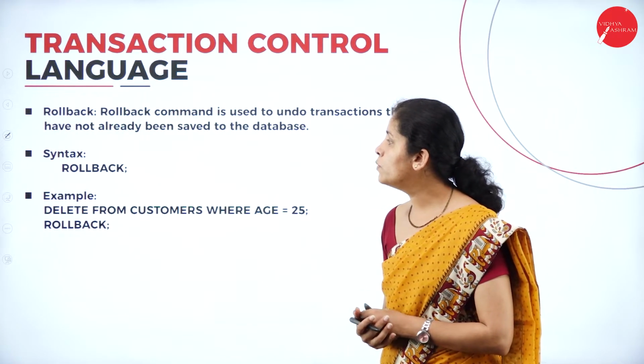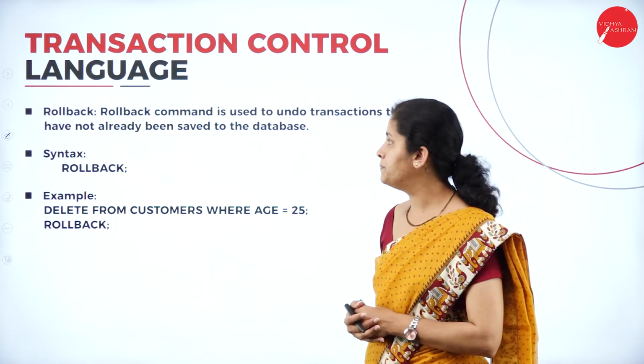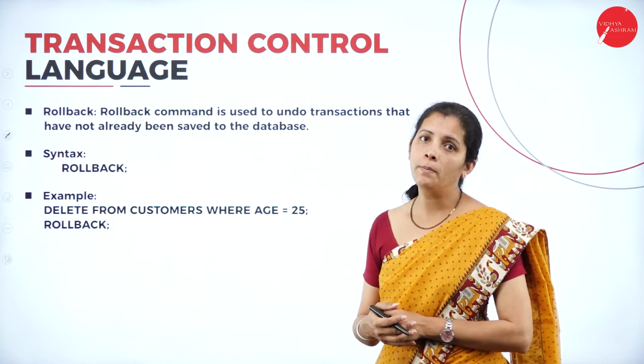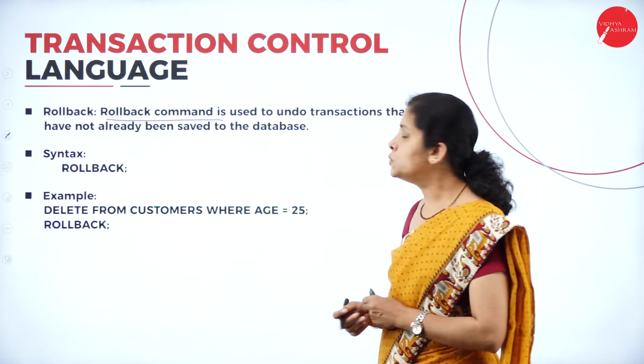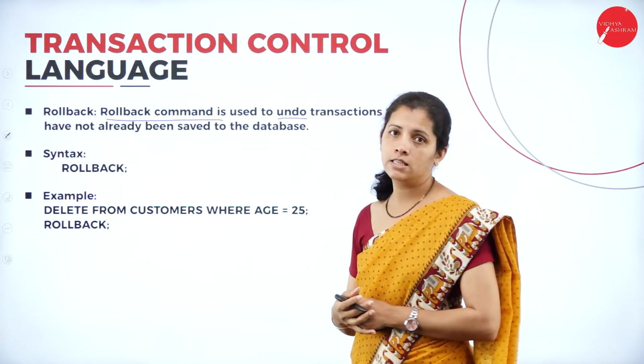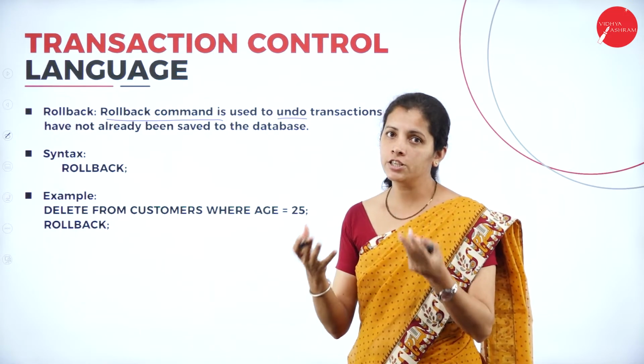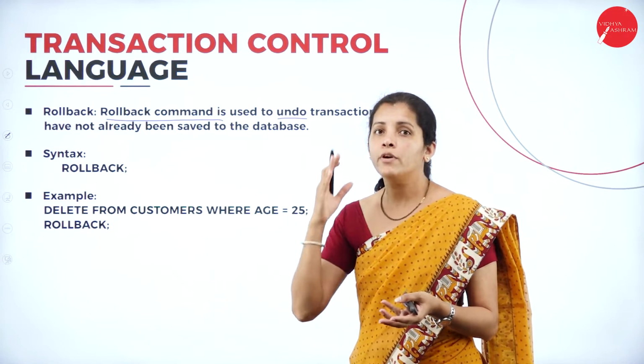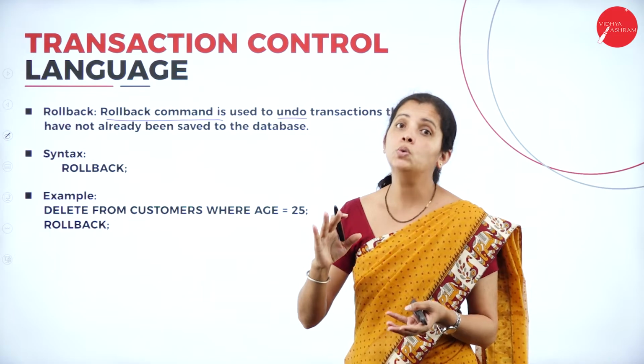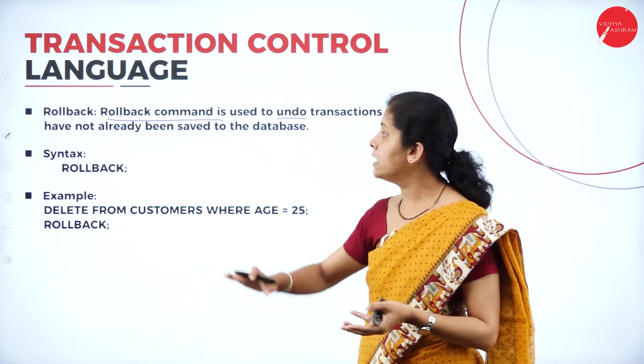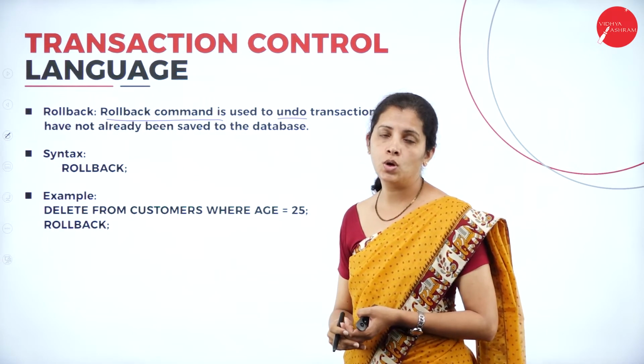Moving further, I'm going to have rollback. So what is this rollback? The rollback command is used to undo the transaction. Once the transaction is over, if I want to undo it, then I can go with rollback.